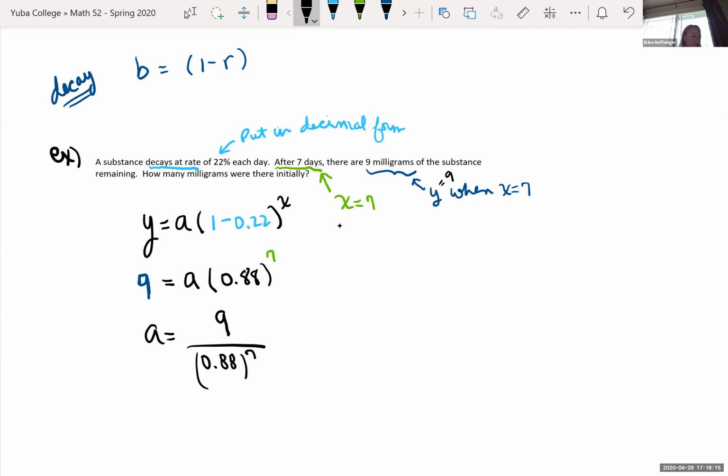A is equal to approximately 22 milligrams.